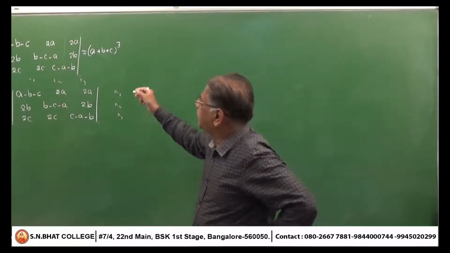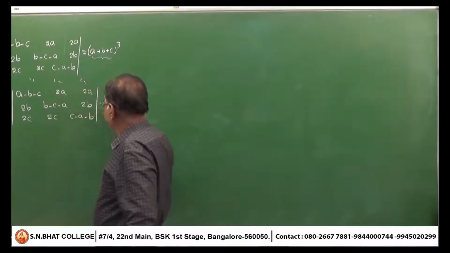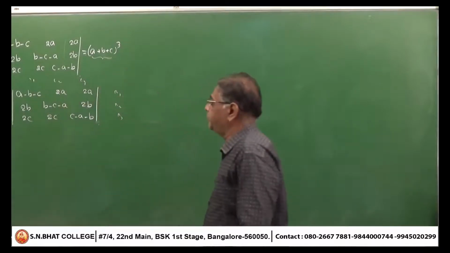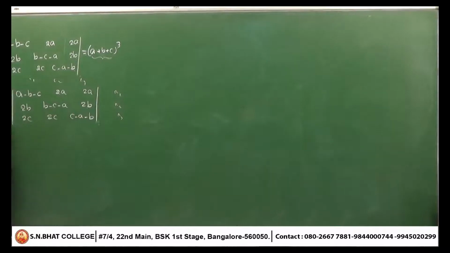When you get a plus b plus c as a common factor, see all the 3 rows and all the 3 columns. If you add all the 3 rows, 2c minus c is plus c, 2b minus b is b, you are left with a.